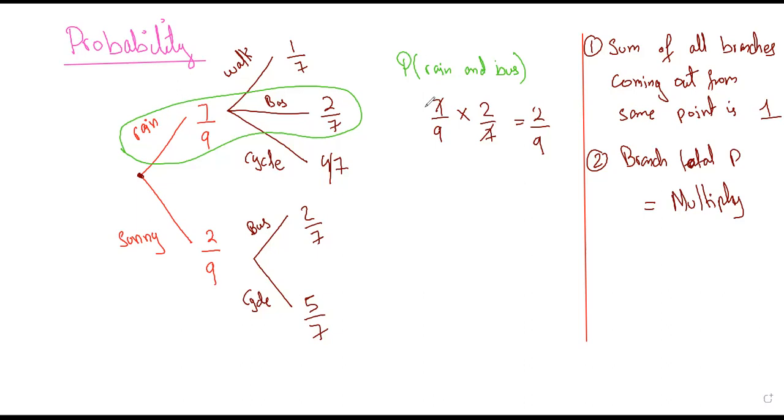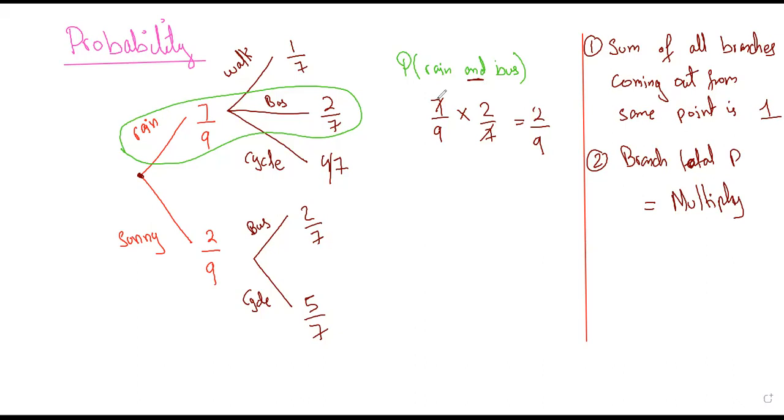It is very easy. We have the tree diagram in front of us. We can directly just encircle the part. Now we know for branch total, we are multiplying, and also through O-level maths we know whenever we had the word and, we are multiplying. And means multiplication basically. So rain and bus would be this. Yes, I'm sorry, you are correct. Okay, all right, perfect.